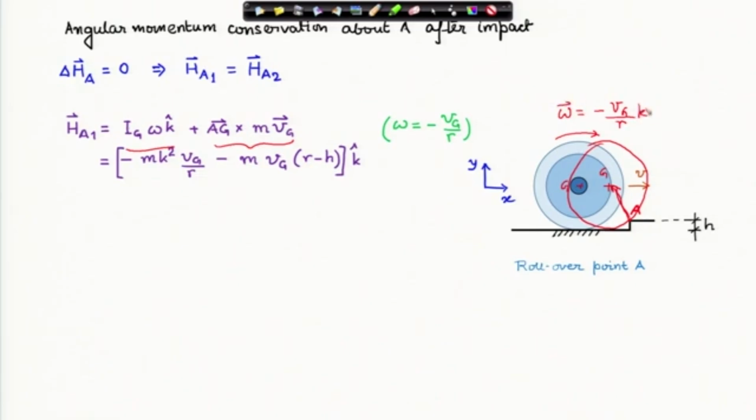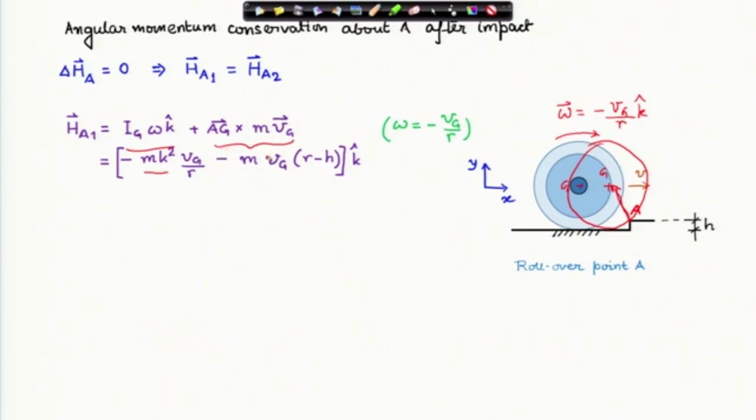So, this is our angular velocity vector, minus vg by radius of the wheel k cap, and to that I multiply m k square, which gives me the moment of inertia about the center of mass.